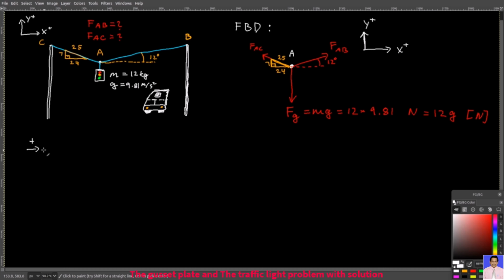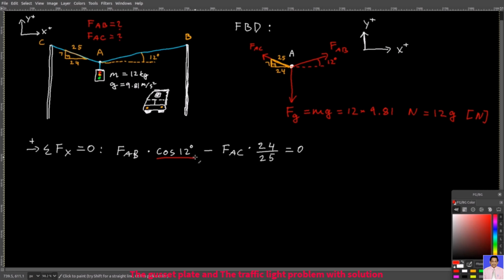So I write the sum of Fx equals 0, and that gives me FAB times cosine 12 degrees minus FAC times 24 over 25 equals 0.